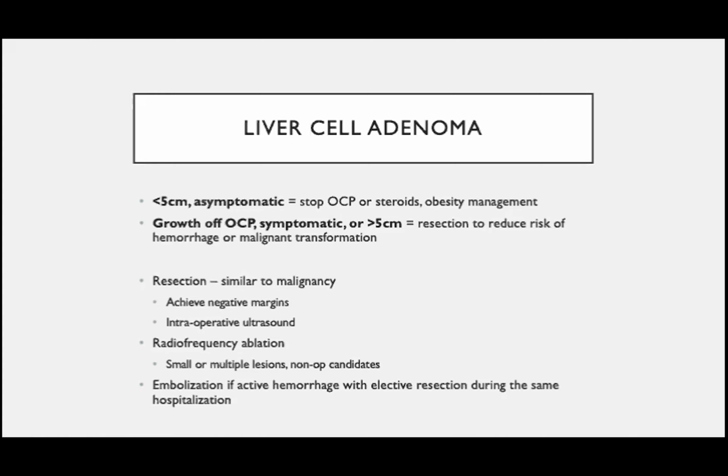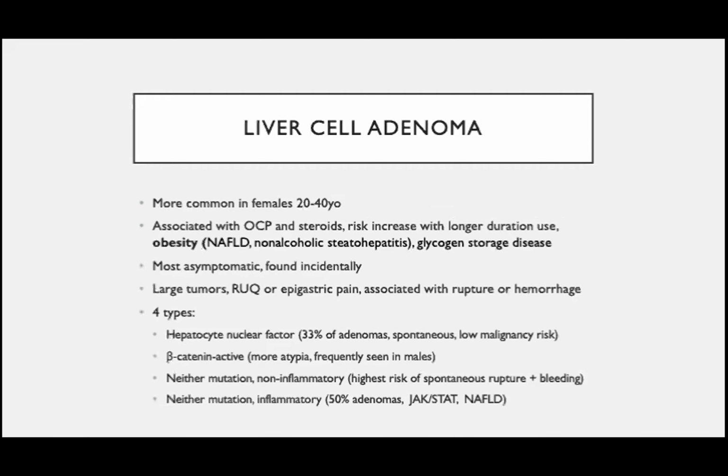They're inflammatory, they don't contain the beta-catenin gene. That beta-catenin is very important to remember because it's associated with malignant changes. In males who have adenoma, because there's a higher risk of malignant changes, we do resect. But more and more, we try to avoid resection in adenomas. For the exam, just resect if it's over 5 and symptomatic.